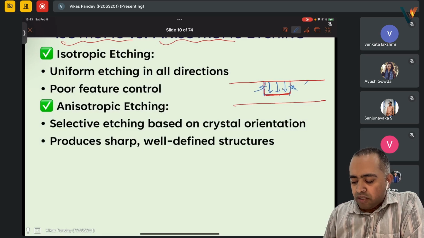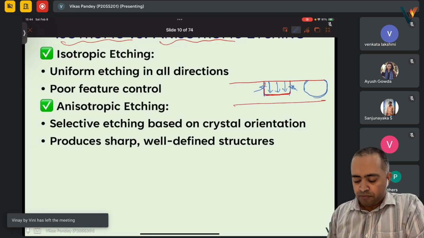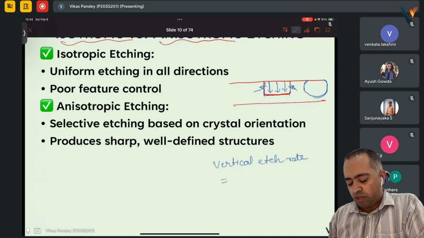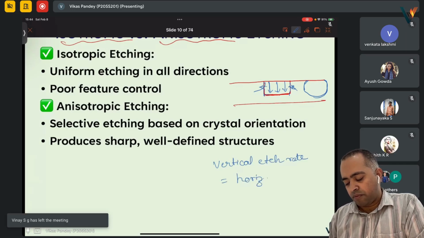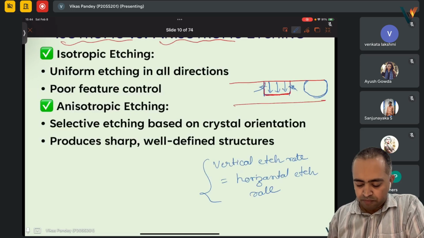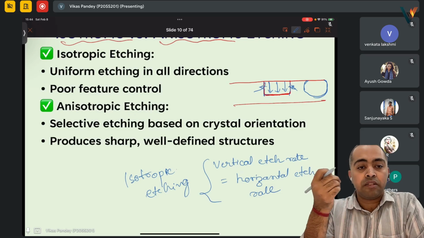We might get a circular kind of pattern, since the vertical etch rate is equal to the horizontal etch rate. That makes it isotropic etching. Isotropic means equal in all directions.